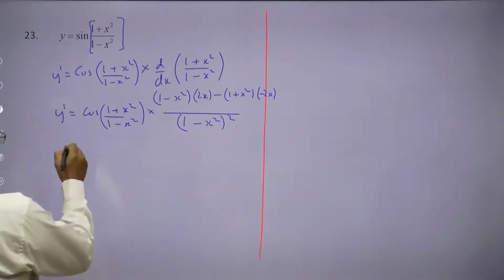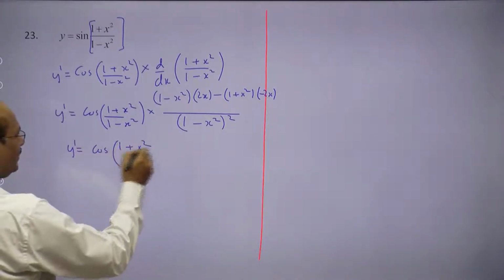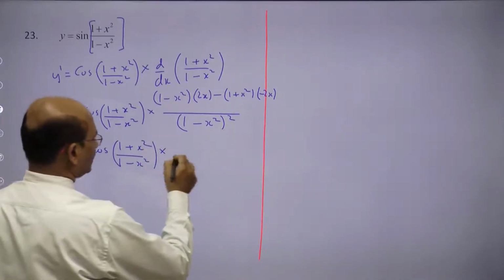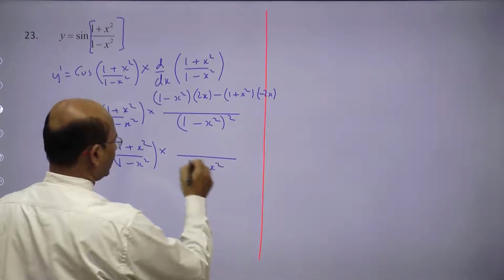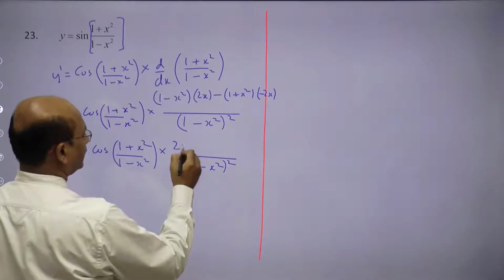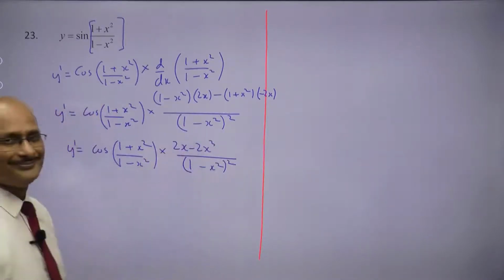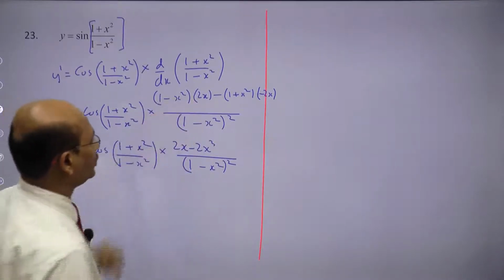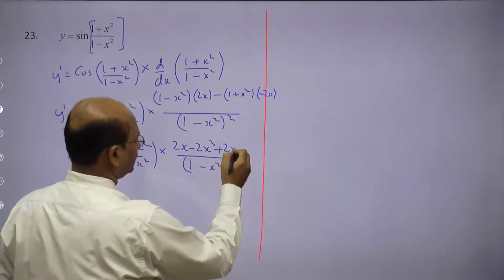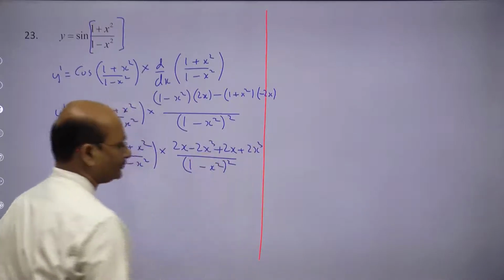Basic maths comes for the kill. So what happens now? y dash will become cos of (1 plus x square upon 1 minus x square) into, just see this part, (1 minus x square) whole square, and over here 2x minus 2x cube, minus into minus will become plus, so 2x into 1 is 2x and 2x into x square is 2x cube.